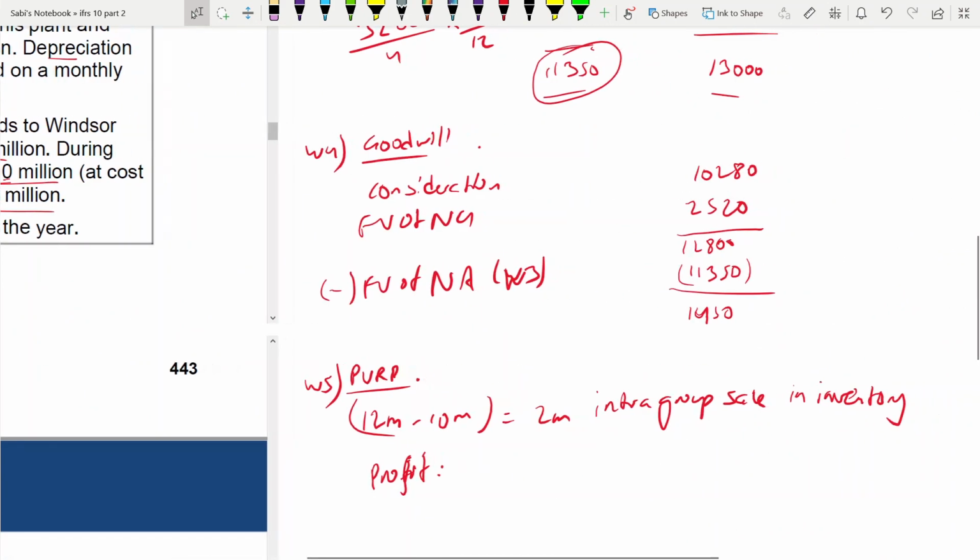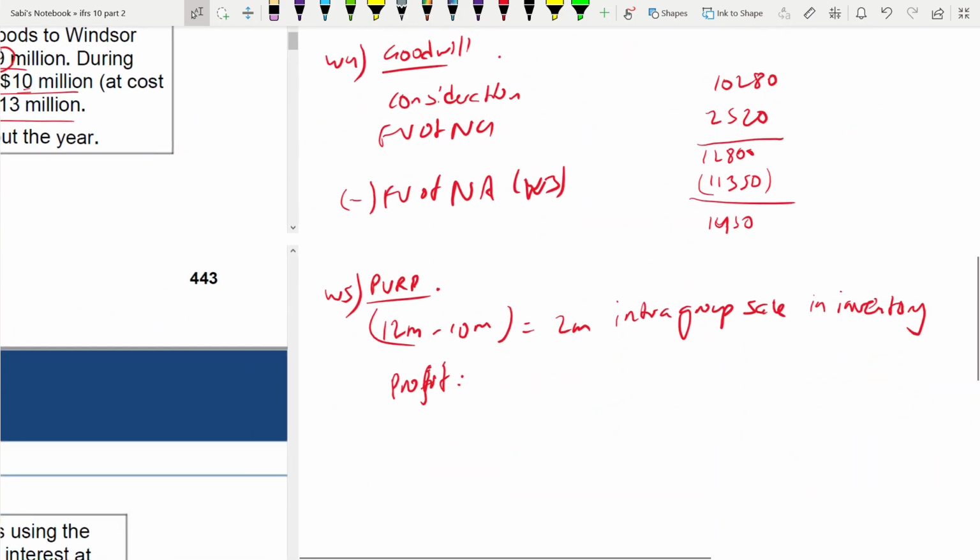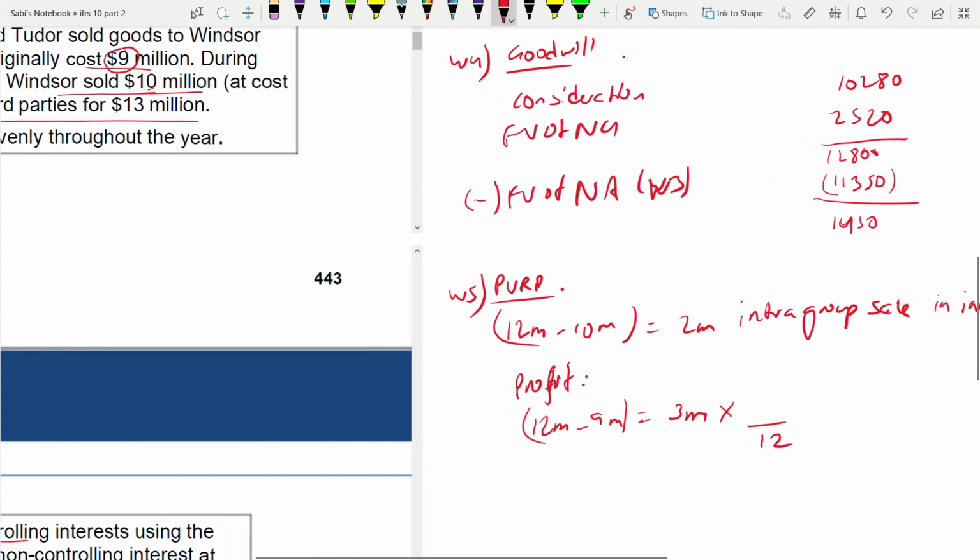So now from 12 the cost is 9, which is 3 million. Okay, and this you have to multiply by how many months? For how many months, you have to check the year. It's very important. Let's see the year.